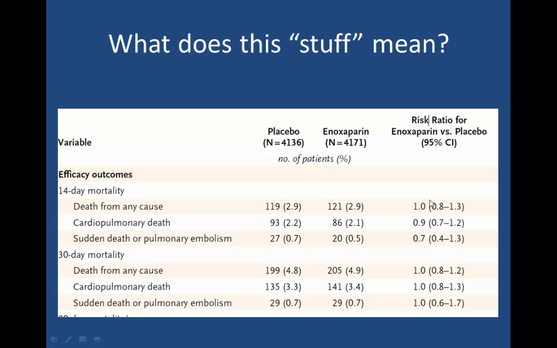Well, this would mean your chances of dying. How far away is 1.3 from 1? So take 1 minus 1.3, 0.3%. So if these are percentages, there's a 0.3% increase that you had death in the enoxaparin group compared to a 0.2.